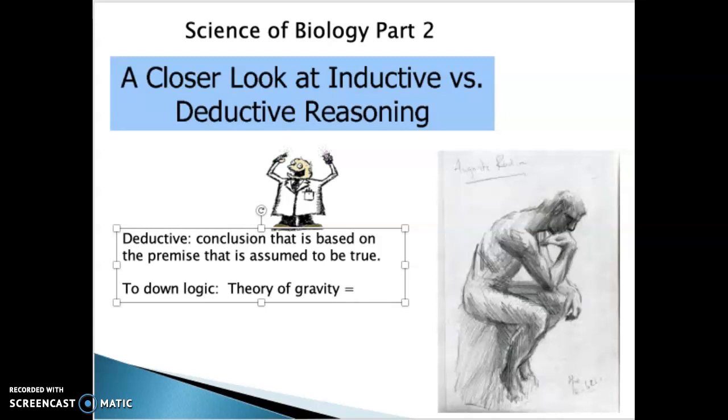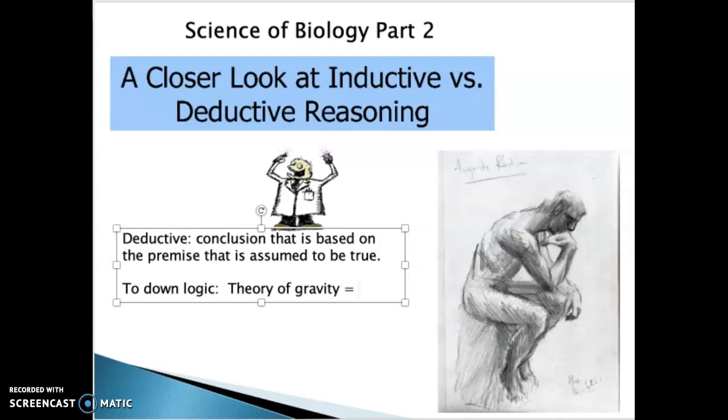So take the theory of gravity. I want you to pick up a pencil right now and drop it. Because of the theory of gravity, the deductive reasoning is that it's going to fall to the floor. Do the same thing with your book, your notes, your phone, whatever you have at hand. Because the theory of gravity is well accepted, we assume it's always going to work.